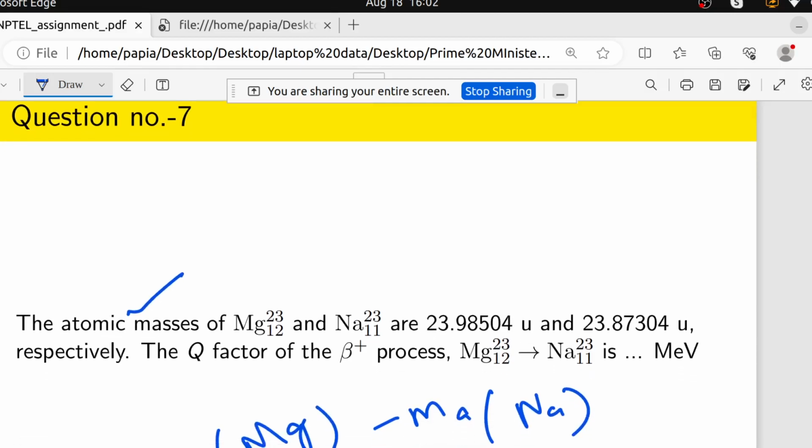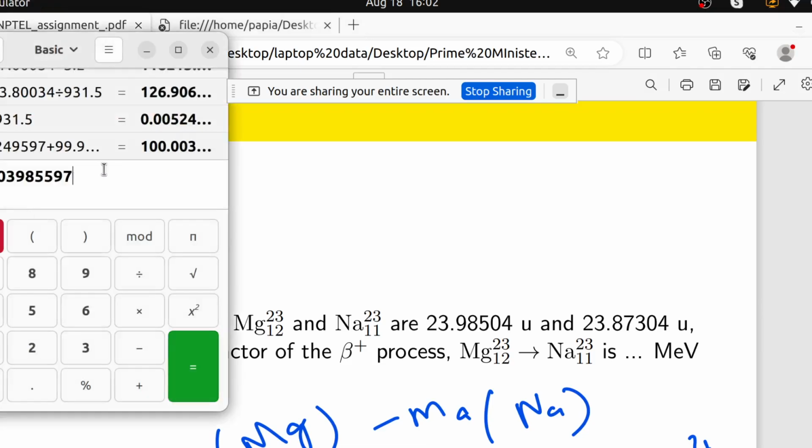So we just have to calculate the values: 23.98504 minus 23.87304 minus 2 into 0.511 divided by 931.5.